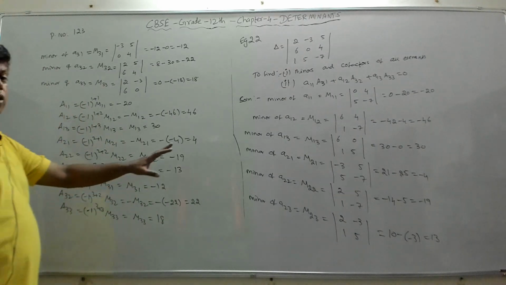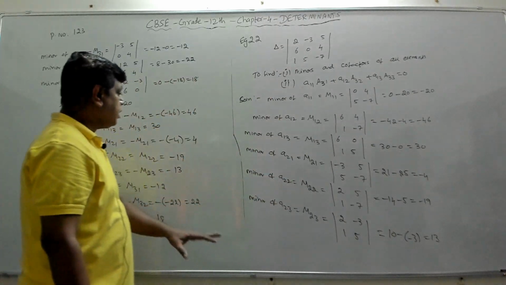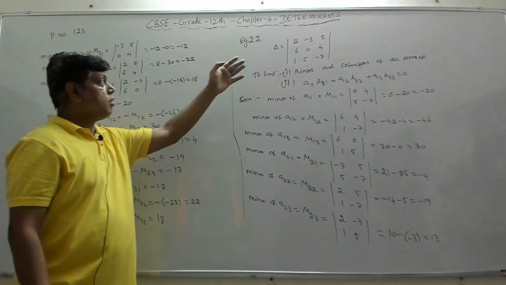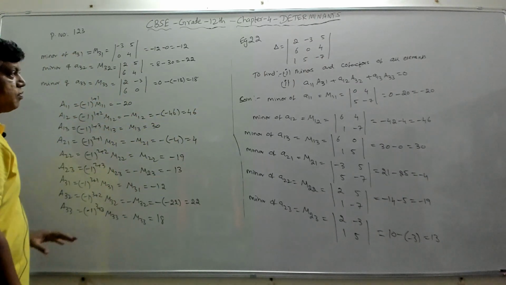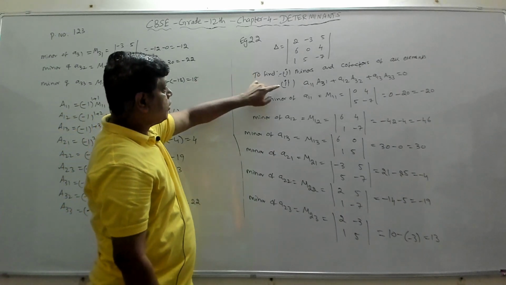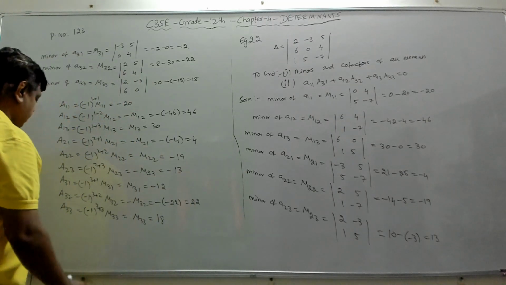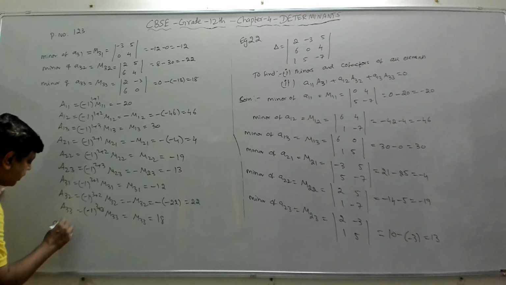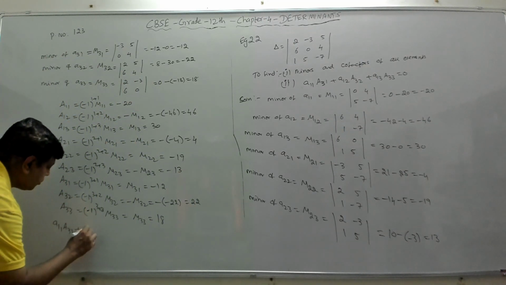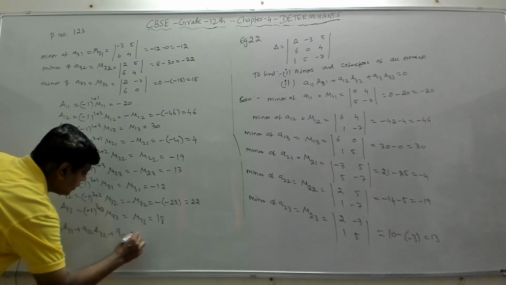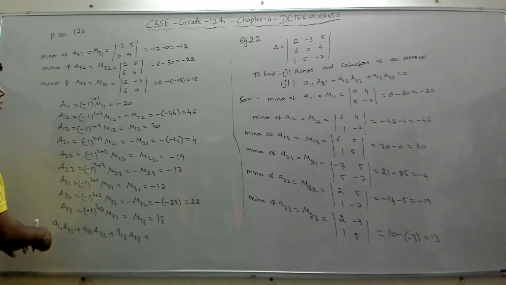So what have we found? We have found the minors and cofactors of all the elements of this determinant. So first part is done. Now we have to check A11 into A31 plus A12 into A32 plus A13 into A33. What is A11?